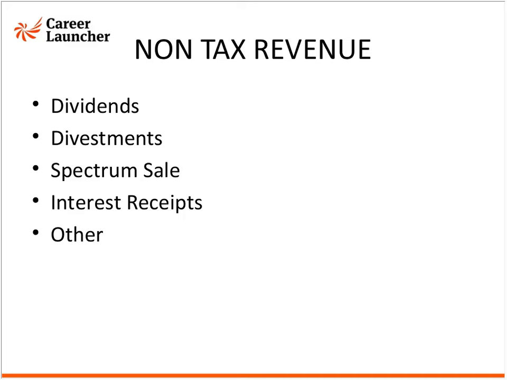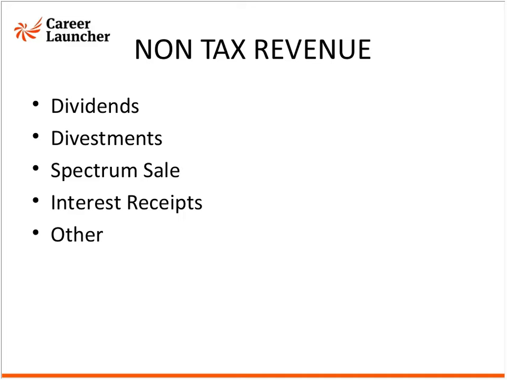And the next important part is your interest receipts. What are interest receipts? These are interest payments that are earned by the government for various borrowings and lending that the government has done. But first, for some of you, I'll explain spectrum sale again. Spectrum sale is related to your telecom sector. All your telecom players like Jio, Idea, Vodafone, Airtel, they all need these spectrums, which are like bands, to transmit their network connection.